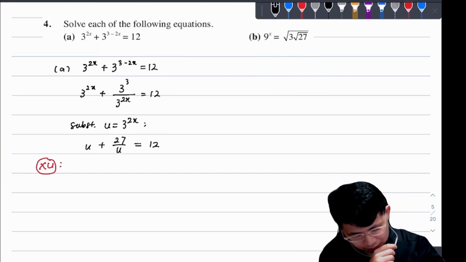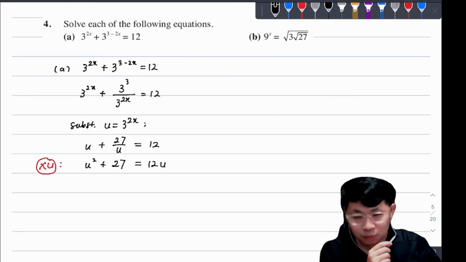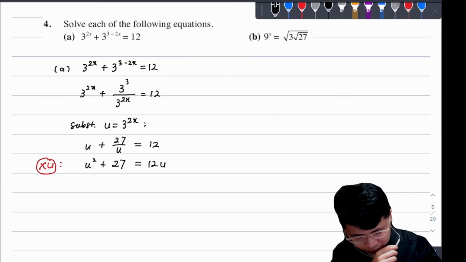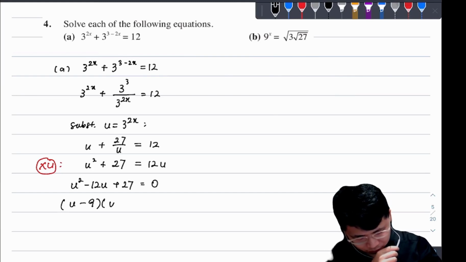So over here I have u square, 27 over u times u will be 27, and 12 times u will be 12u. Okay, don't forget the 12. So u square minus 12u plus 27 is going to be equal to 0. Factorize: u minus 9, u minus 3 equals to 0. So u is equals to 9, or u is going to be equals to 3.